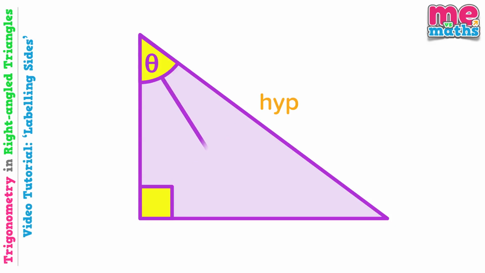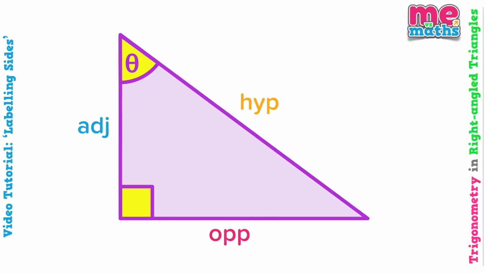This is opposite the angle used in the question, which for us is theta. Again, the arrow shows which side is opposite that angle, and we can see it's the side at the bottom here. Now remember, we said the adjacent is the one left over, but just double check that it is next to both the right angle and the angle in the question. If it isn't, then you've made a mistake somewhere, but we're okay, so let's move on.